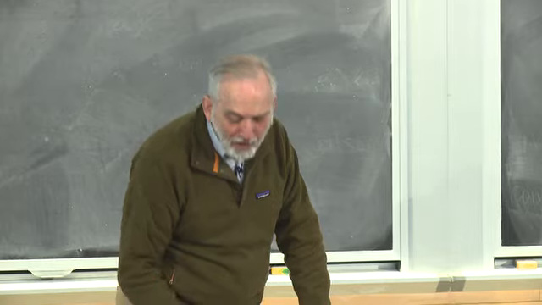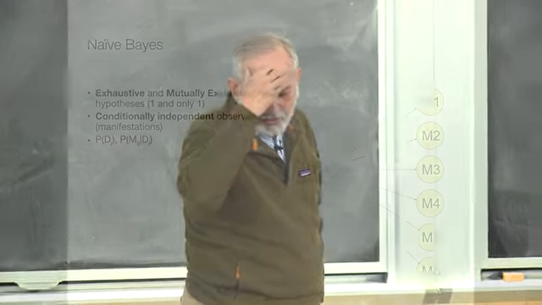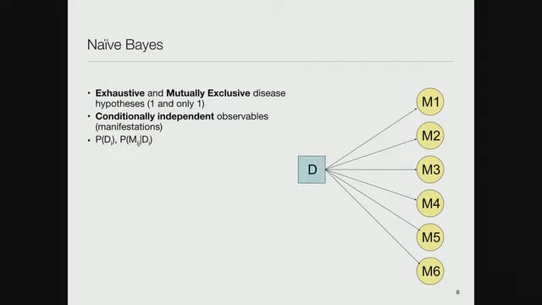Okay, well, a more sophisticated model is something like a naive Bayes model that says if you have a disease and you have a bunch of manifestations that can be caused by the disease, we can make some simplifying assumptions that say that you will only ever have one disease at a time, which means that the values of that node D form an exhaustive and mutually exclusive set of values.